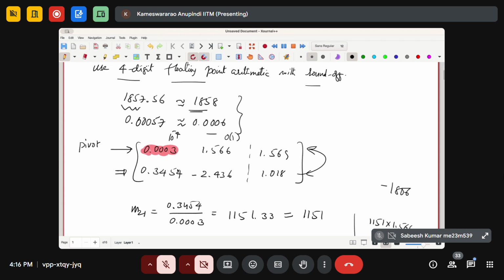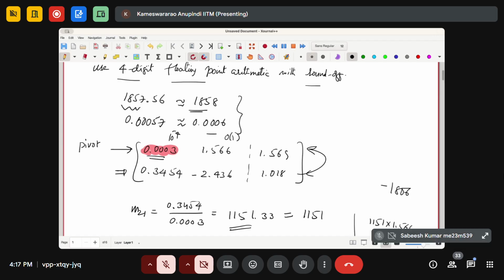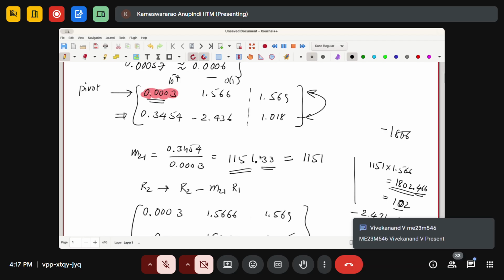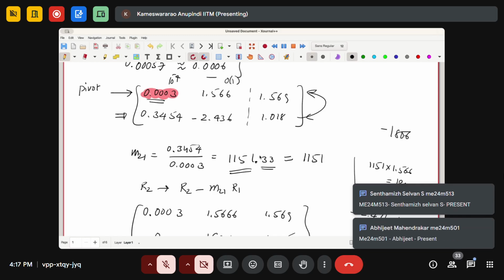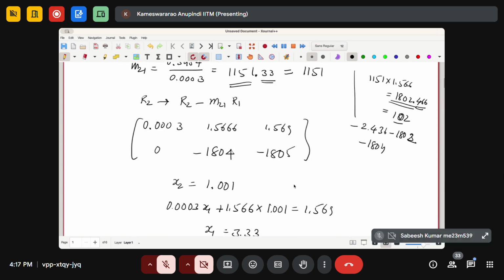So when we have elements of this order, then taking the pivot element as the small value, as it is given in the problem, is going to amplify your multiplier, right? When it amplifies your multiplier, then any small changes that we make, like truncation or round off and so on, involved with finite precision calculations, like in this case we have used 4-digit floating point arithmetic, but in reality you may use maybe 8 digits or 6 digits, will have a significant impact on the final solution that you would obtain.